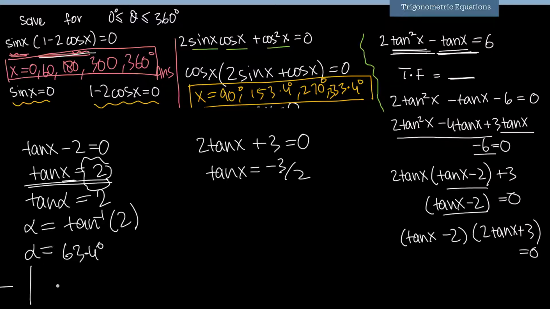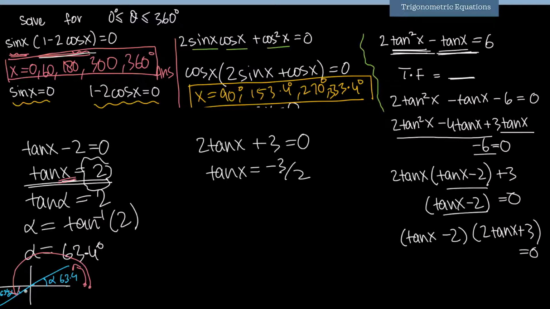So if I draw my four quadrants, because tan function is positive, my two lines, the first line would be in this quadrant and the second line would be in this quadrant. Remember, the reference angle is always measured from the x-axis. So this is alpha and this is alpha. 63.4 here and 63.4 here. The angles x are going to be, this is going to be the first angle and this is going to be the second angle.